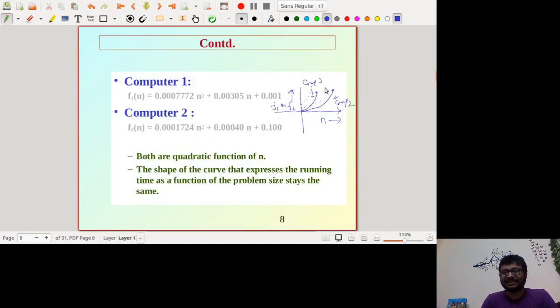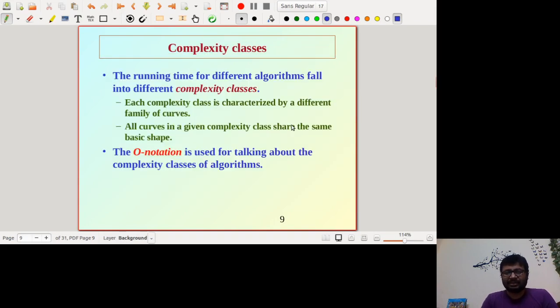Some grow slightly slower, some grow faster, and that may depend on the machine that you're running it on. But the basic shape remains the same, and it's largely independent of the machine or the software platform that you're running your program on. The order notation, we'll see soon, is used for talking about the complexity classes of algorithms.